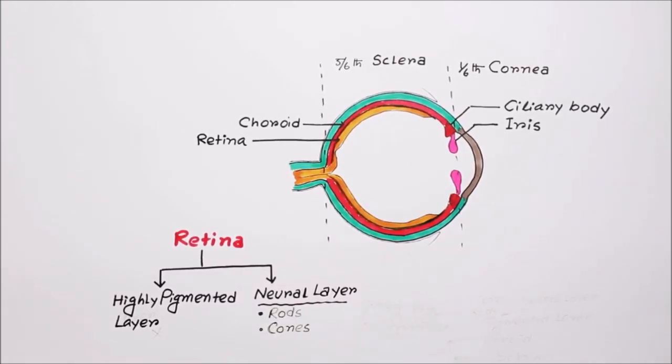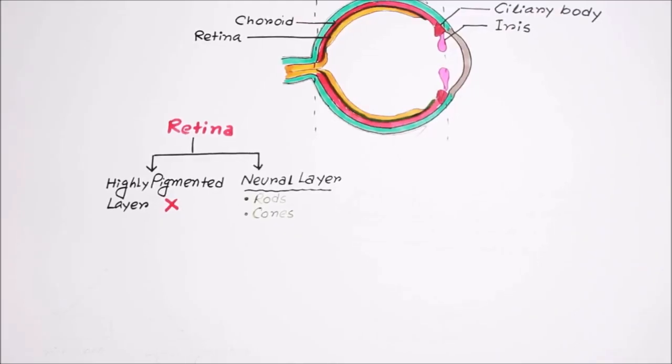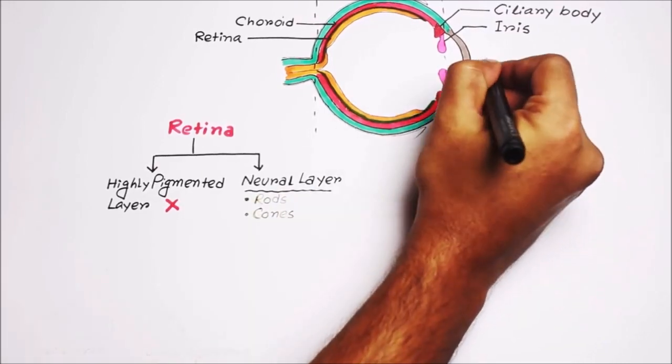The retina has two components, the pigmented layer and the neural layer. If pigmented layer is not present, then the light rays won't be able to form image on the retina.